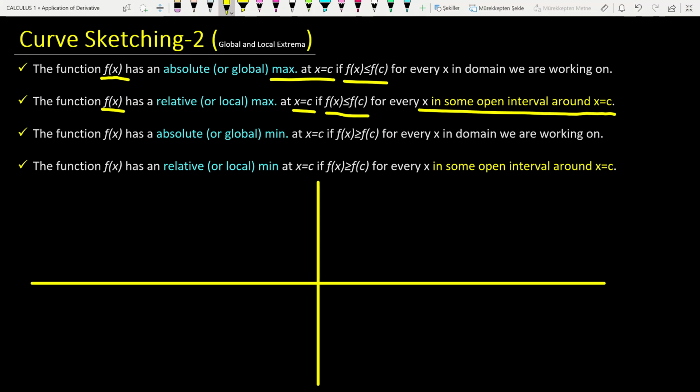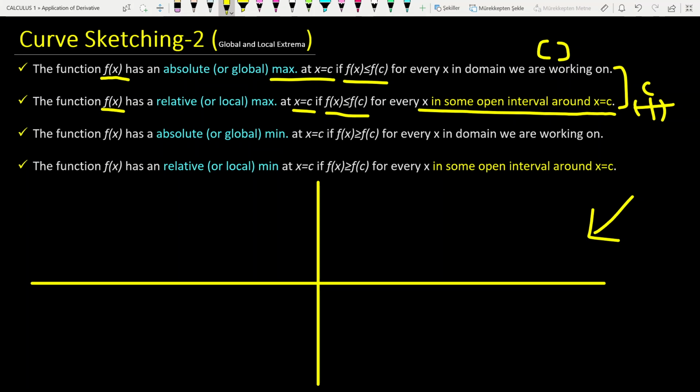So these two definitions are slightly different. In the first one, the domain is the domain that we are working on. Maybe it is a closed interval, maybe it is an open interval, it depends. But in the second one, we must have an open interval around the point c. This is the difference. I will show this difference in this graph.